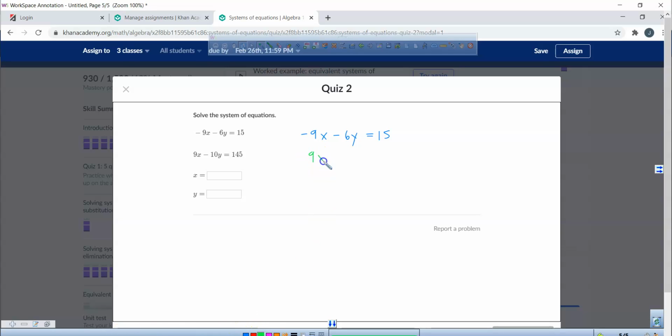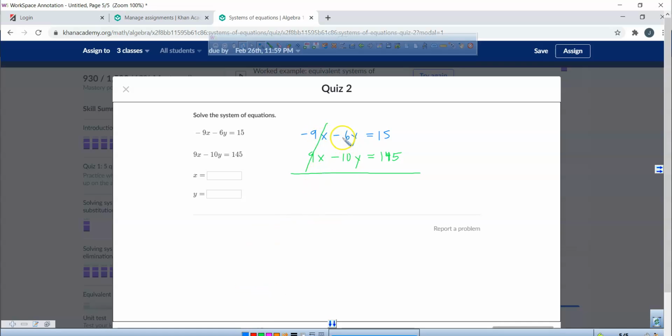I've got 9x minus 10y equals 145. Now, what would happen if I added these together? Yeah, the x's will cancel out.